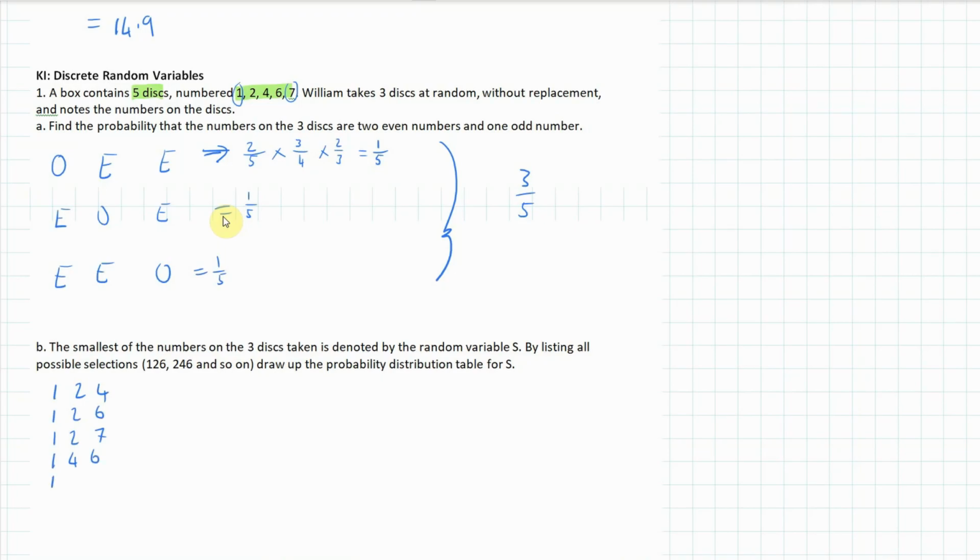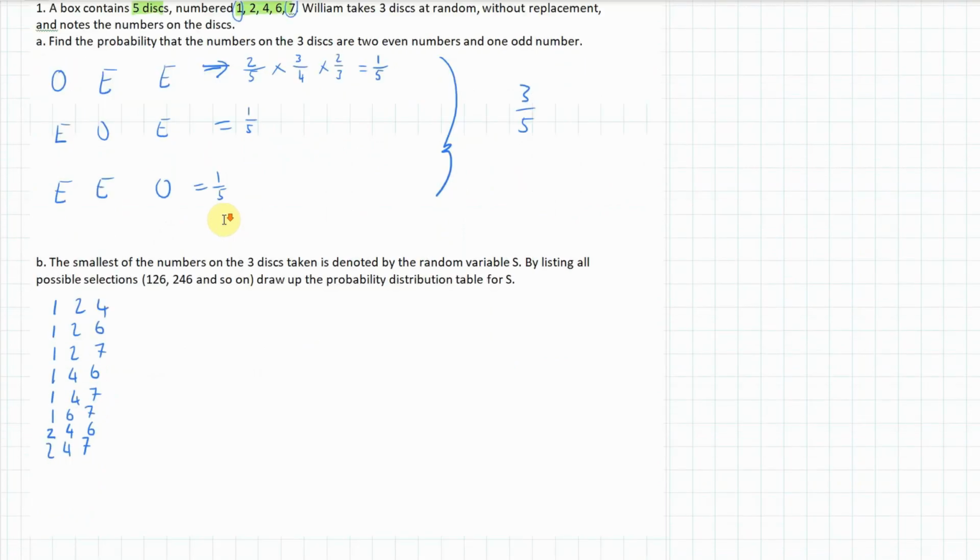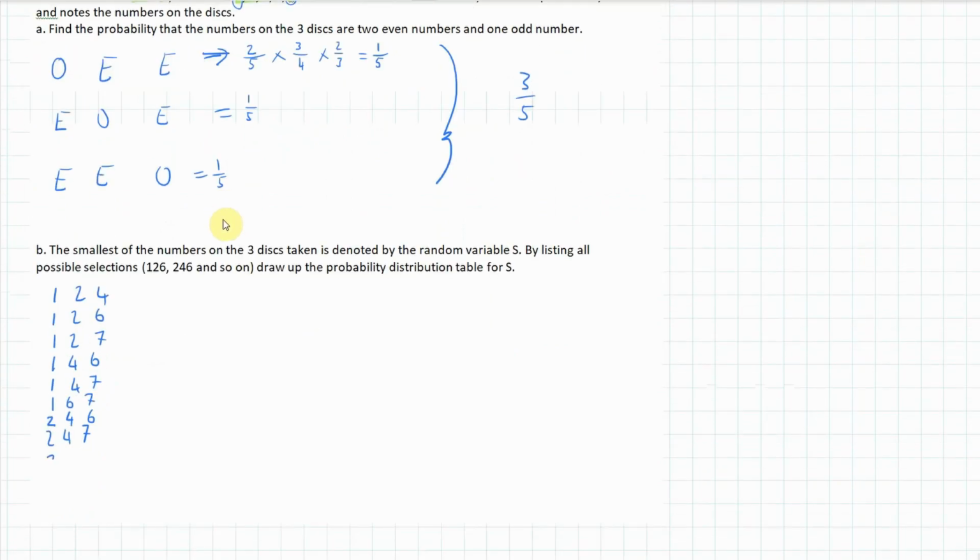We could go 1, 4, 7, 1, 6, 7. We could start with a 2: 2, 4, 6, 2, 4, 7, 2, 6, 7, and then 4, 6, 7.